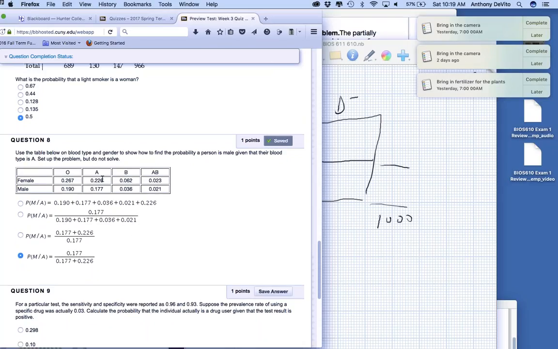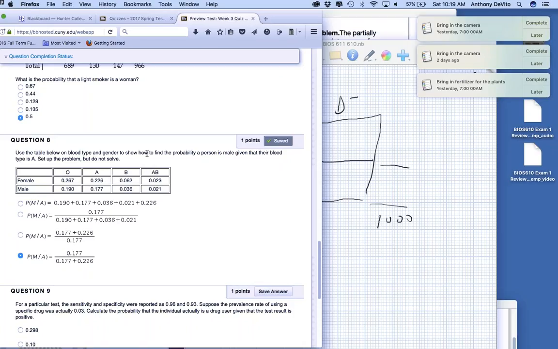So the percentage of people that have a blood type of A is the sum of 0.266 and 0.177, right? Approximately, let me see what that would be. About 40% of the population has a blood type A. Of that 40% of the population, only 17% are male.